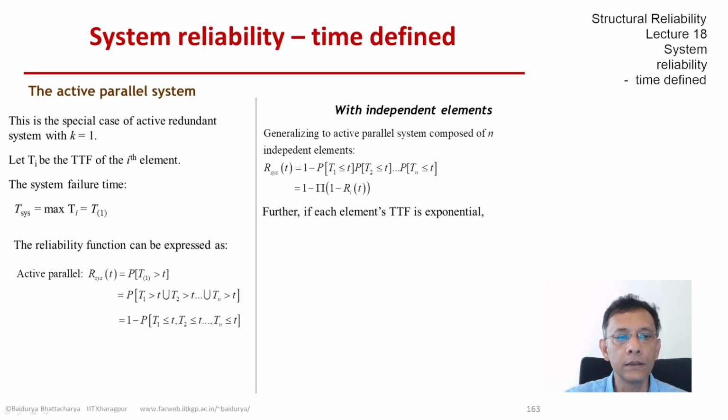Let's proceed as before. If each element's time to failure is exponential in nature, then we can bring in the exponential form, and the system reliability is 1 minus the product of 1 minus exponential of minus lambda i t, lambda i being the element parameter in the exponential distribution.